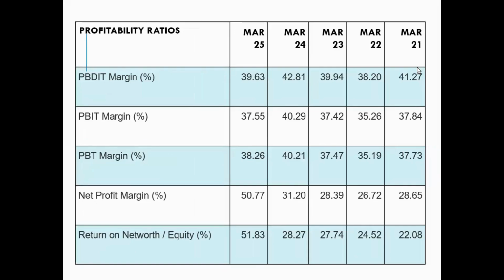These are the profitability ratios of ITC Limited for the past 5 years. PBDIT margin is 39.63, 42.81, 56.96, 38.20, and 41.27.